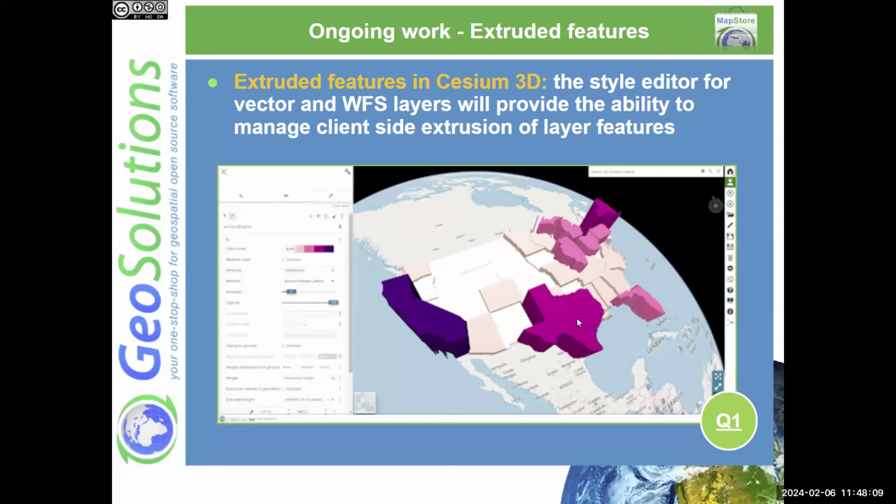So this makes use of the client-side styling in this case, because it is using a WFS layer to visualize and combine through the classification system that you could generate based on a property-driven visualization.